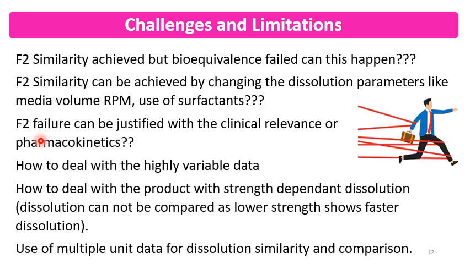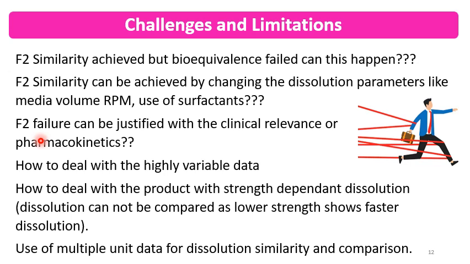F2 failure can be justified with the clinical relevance or pharmacokinetics. So yes, F2 failure can be justified if you have IVIVC data in your hand, and then you can justify that though the F2 is failing, the clinical effect will not be significant or the pharmacokinetics will be the same.